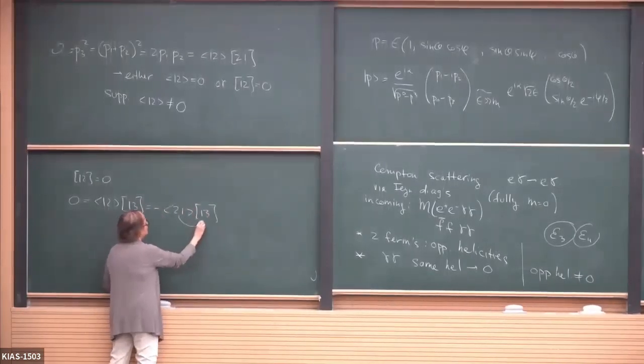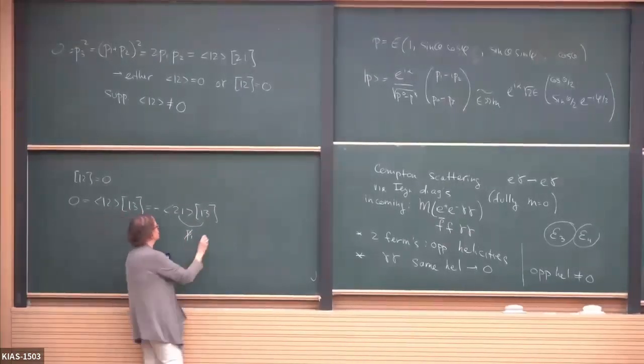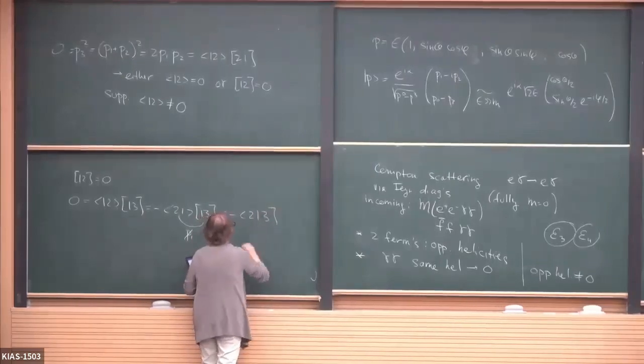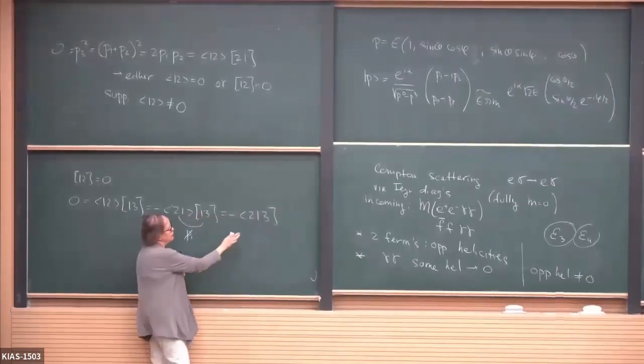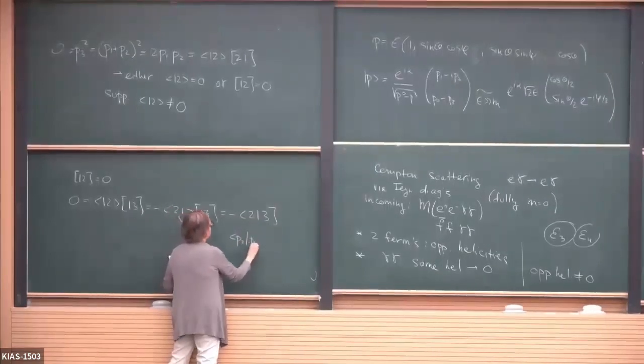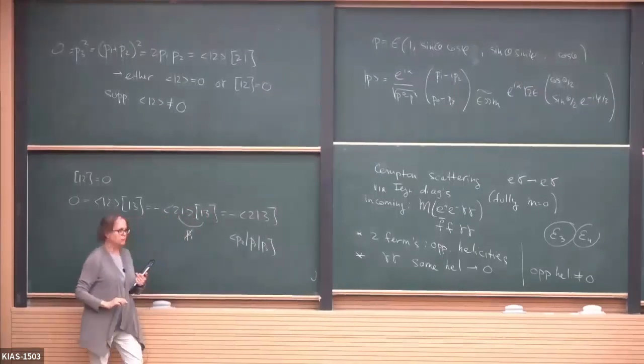But remember, this is just sort of P1 slash, right? So this is just equal to minus ⟨2 1 3⟩, where what I mean by this is really P2, P1, P3. Okay, this is what it is.